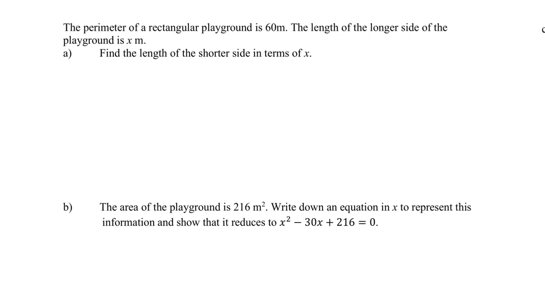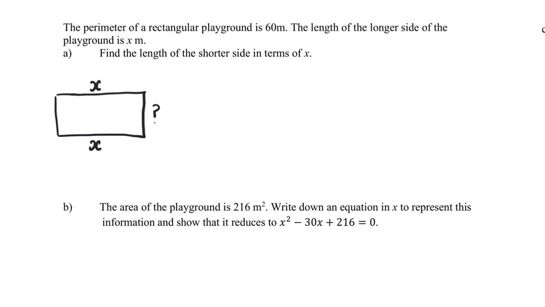So if I were to do a rough sketch, then the length will be x and the perimeter is 60 meters. So what's the length of the shorter side here in terms of x?